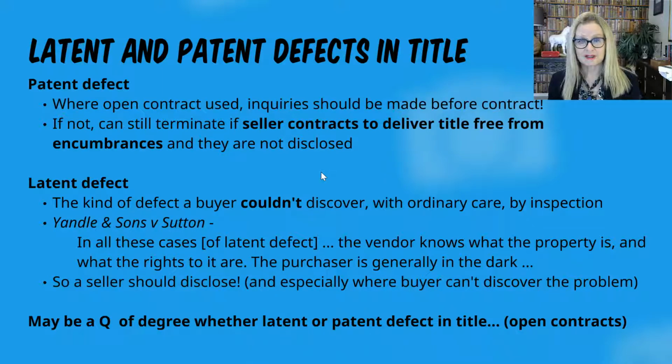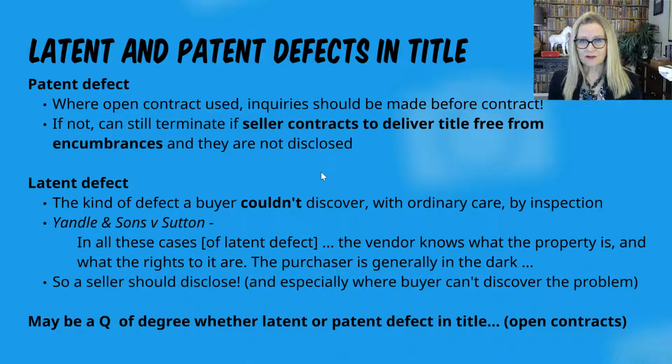The purchaser is generally in the dark. So particularly where the purchaser can't go ahead and find these things out for themselves, they're not the kind of defect in title that would, like the large pipe running through the land, hit you in the eye. They're not blindingly obvious. And even more reason then for the seller to disclose.